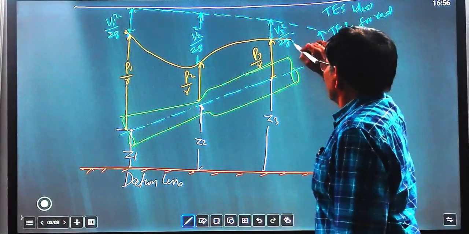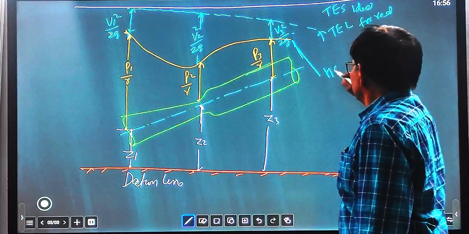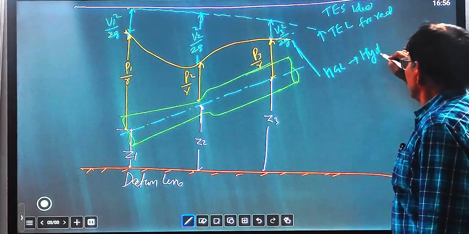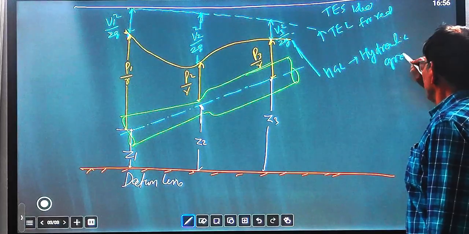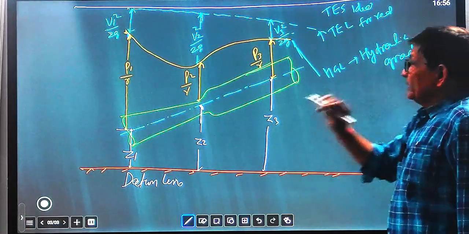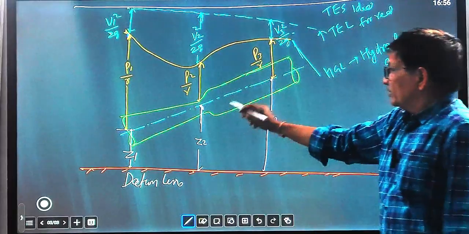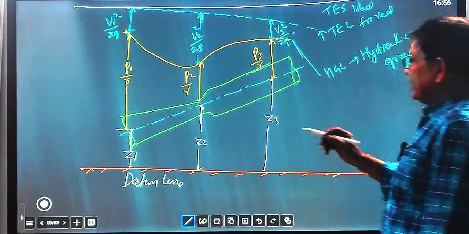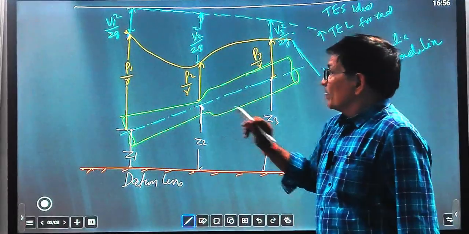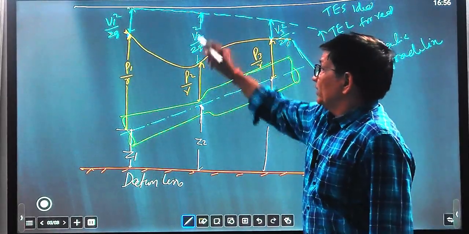This is the hydraulic grade line, known as HGL. It varies due to the cross section of this conduit. This flow channel is changing, and you see that when the cross section is decreasing, velocity is increasing. That's why the velocity head is increasing.